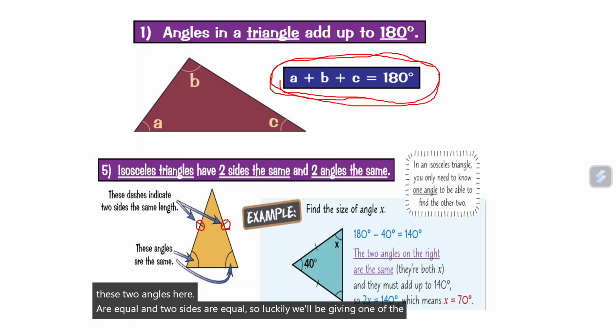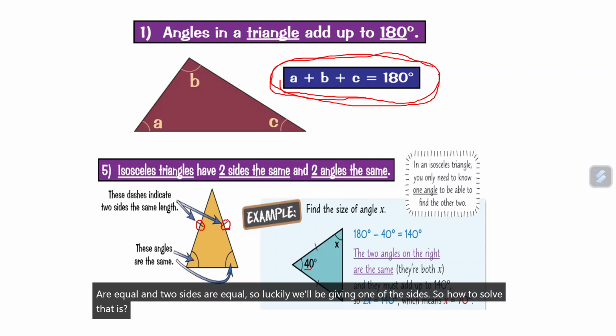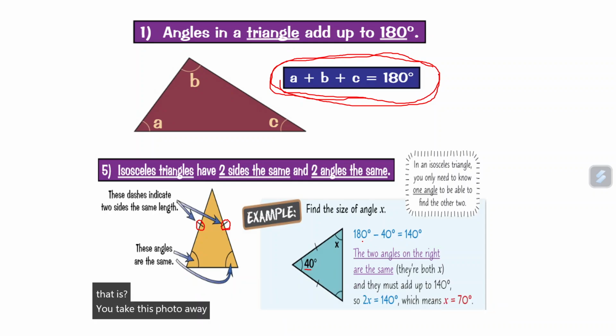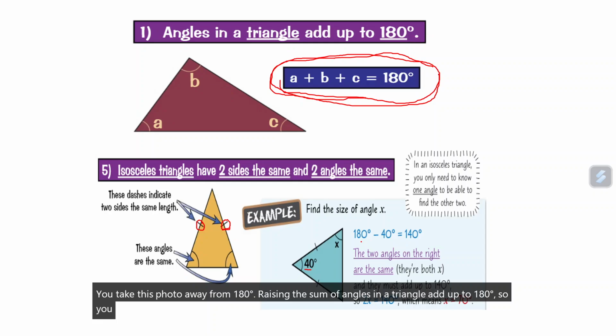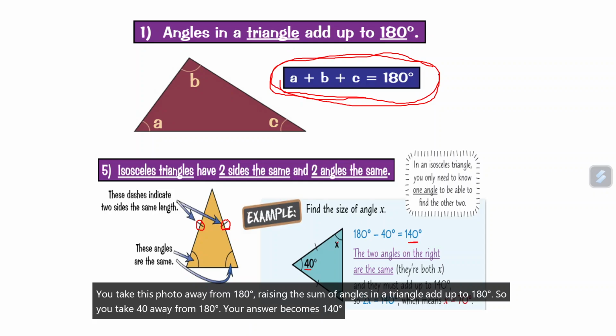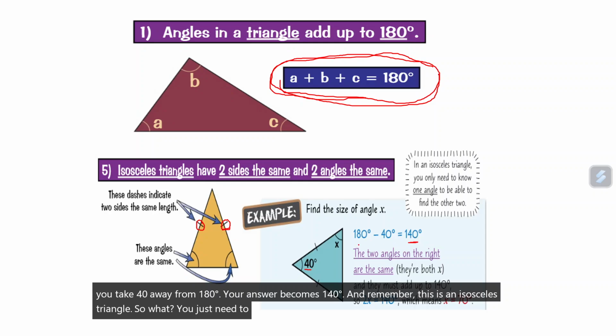So how to solve that is you take this 40 away from 180 degrees. Reason: the sum of angles in a triangle add up to 180 degrees. So you take 40 away from 180 degrees, your answer becomes 140 degrees. And remember, this is an isosceles triangle, so you just need to divide 140 by 2 and you get 70.